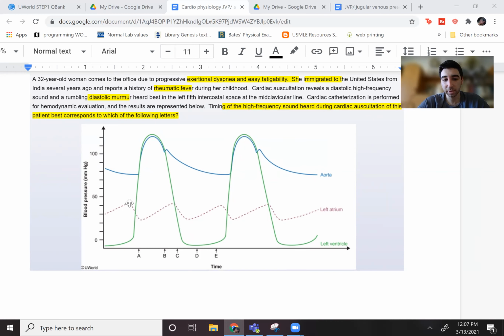So it's either here or here. Or in this case, it's either E or C, if you think about it this way. So the pressure in the left atrium will be the highest here. This is when the left atrium will start filling and then leaking into the left ventricle.